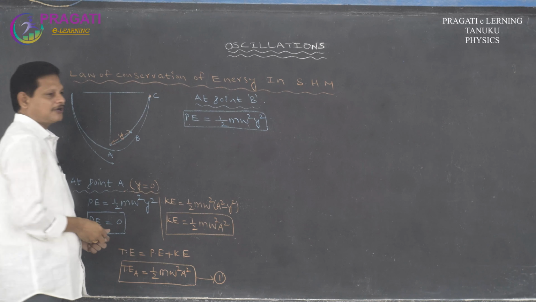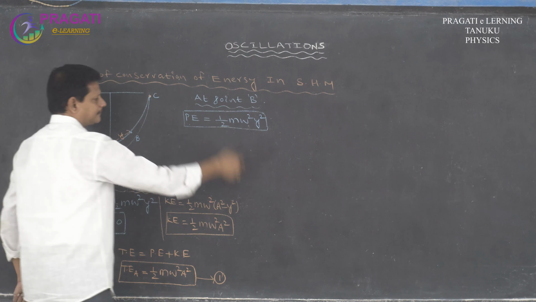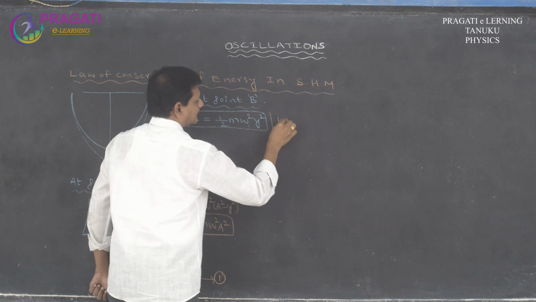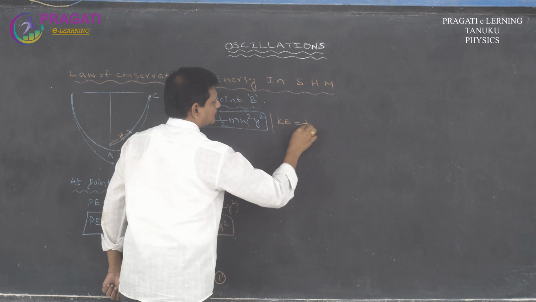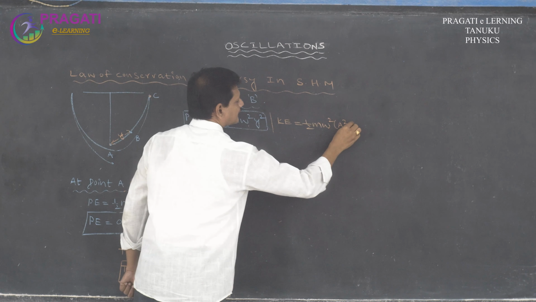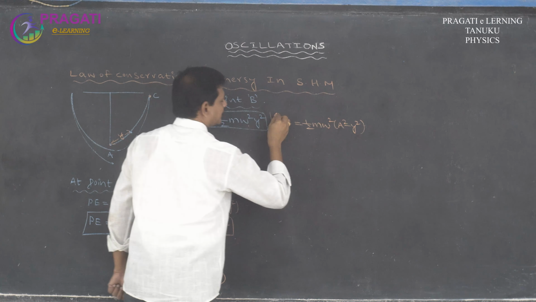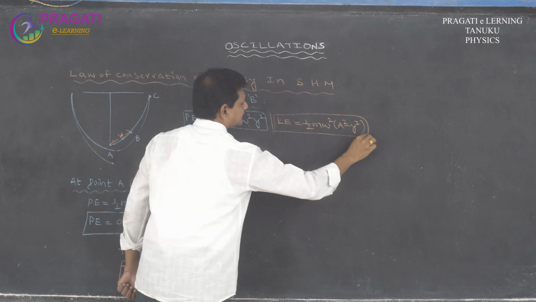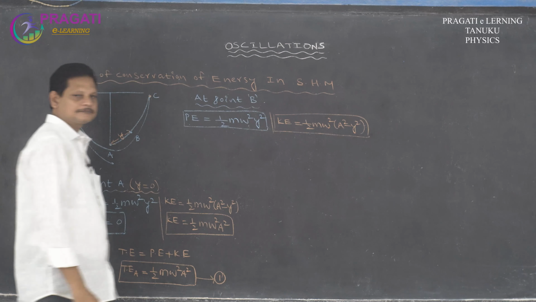The expression for the potential energy at a displacement. Similarly, kinetic energy K is equal to half m omega square (A square minus y square). Expression for the kinetic energy at a displacement y.